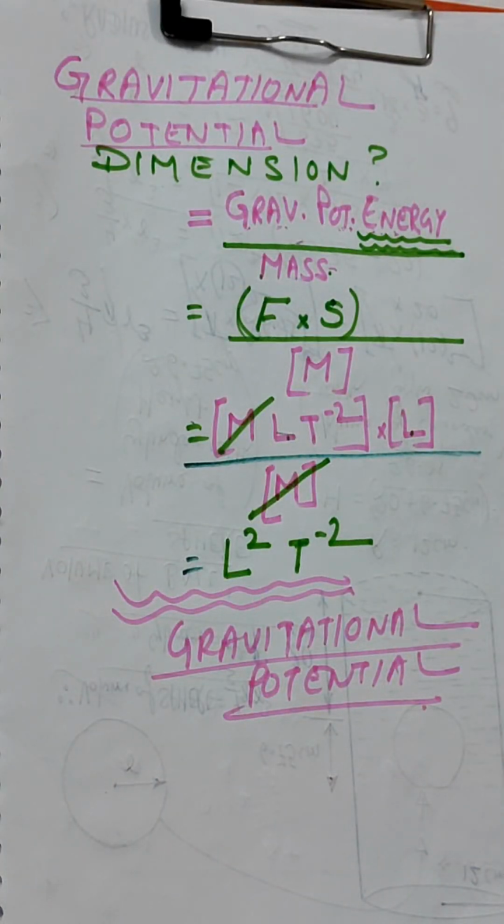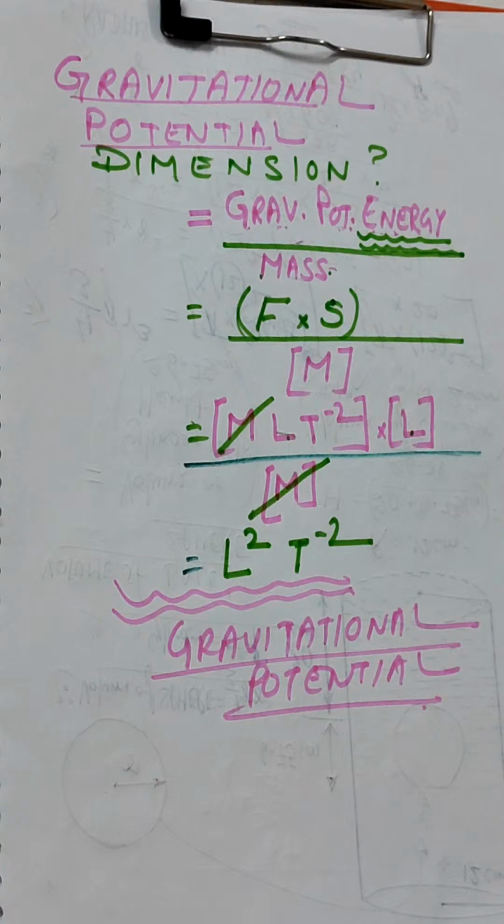So in this way we can wind up today's session. For any query you can put it into the comment box. We can also derive for others. If you have any specific heat, or any energy or work, we have already seen for work and energy ML²T⁻².